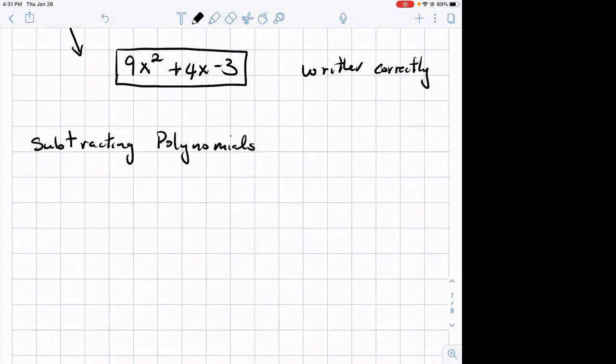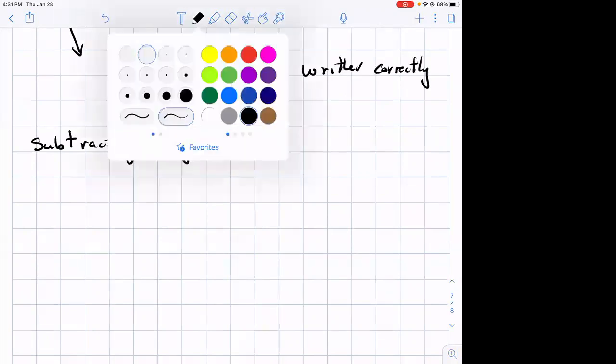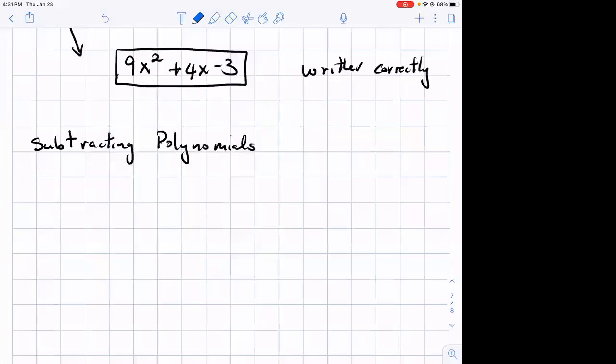So in terms of subtracting now, I just want to point out something to you. Anytime you have a negative sign outside of the parentheses, for example, we can have 2x plus 4 minus 3x minus 8.